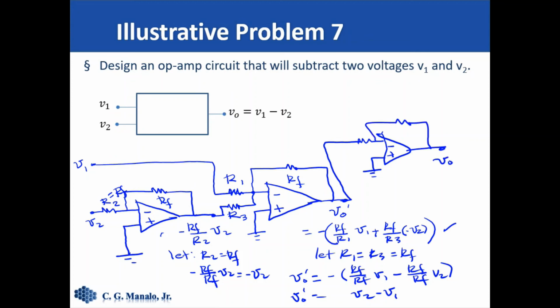Let's call this V naught. So this is RF, and also make this RF. So this circuit is actually the same as this one.